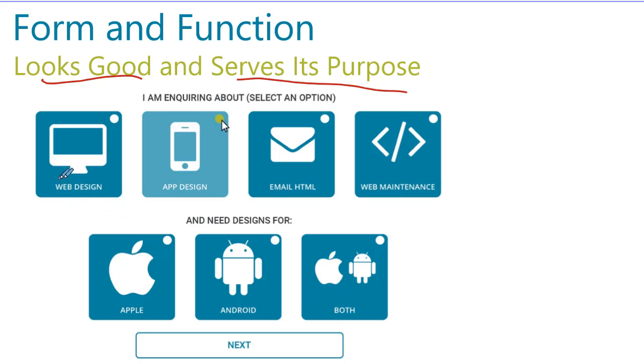And also, the customer can very easily see which service they're signing up for and be like, yeah, I need some app design. I'm going to click on that one, and I need it for Android. So I'm going to click on that one, and then I'm going to submit it. Okay. So we have the marriage of form and function coming together.